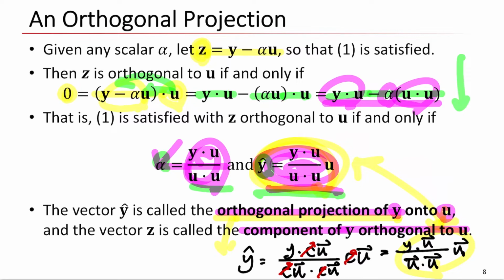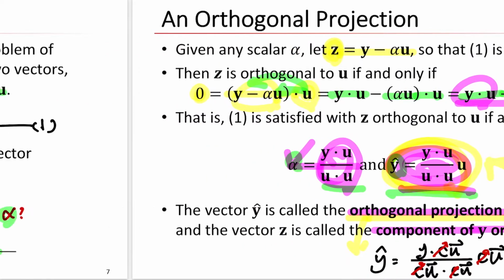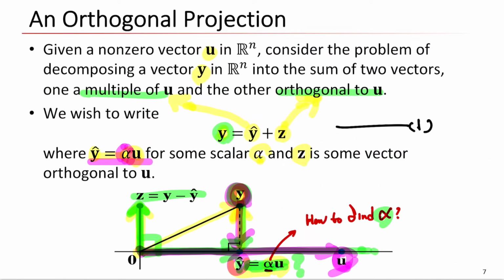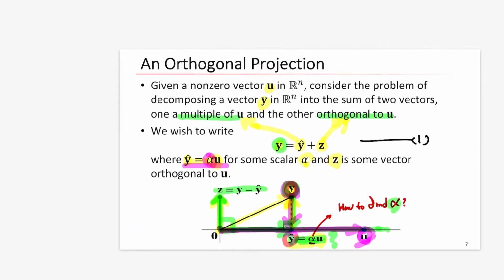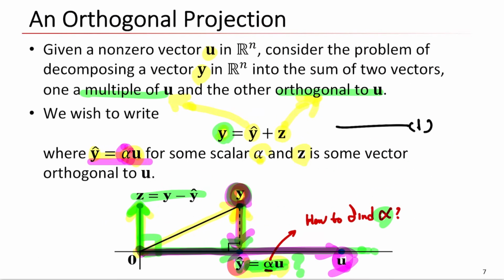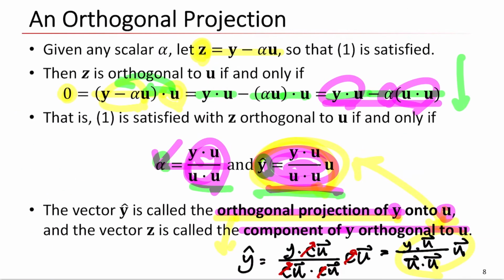Actually, this orthogonal projection was derived on the line of u here. But today we will extend this concept onto the space, or the subspace W. Then the question is how to find the orthogonal projection of the point y onto the subspace W. So today we will discuss this.